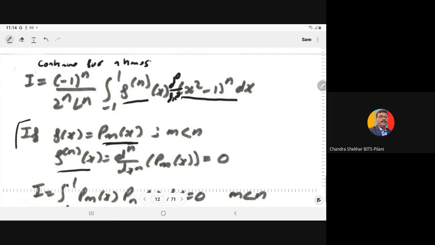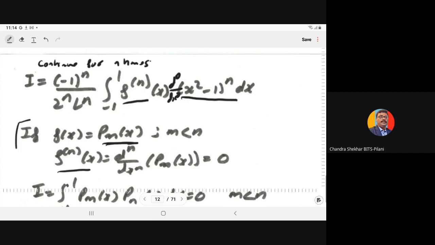What is the derivative of x to power m? What is the nth derivative of x to power m in general? m into x to power m minus 1, m into m minus 1 x to power m minus 2, m into m minus 1 into m minus 2 x to power m minus 3, and so on. If n is more than m, then what will be the nth derivative? After the mth derivative, it will become factorial m, and after that, it will become 0.